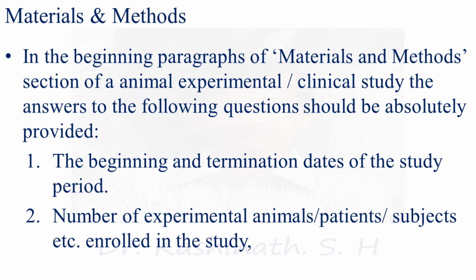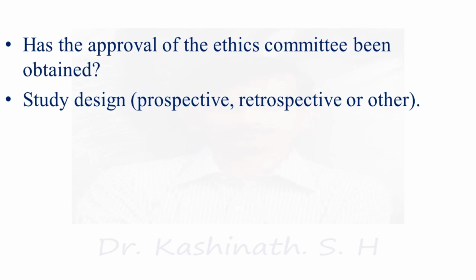The beginning and termination dates of the study he has to particularly mention, and the number of experimental animals, patients or subjects enrolled in the study has to be clearly mentioned in the beginning paragraph of materials and methods.